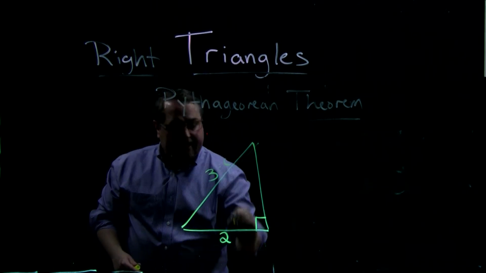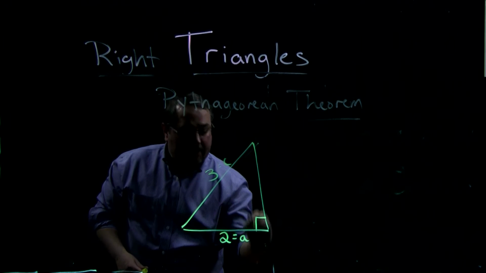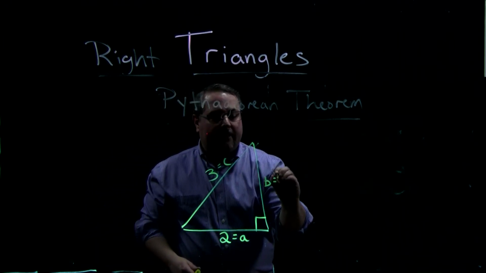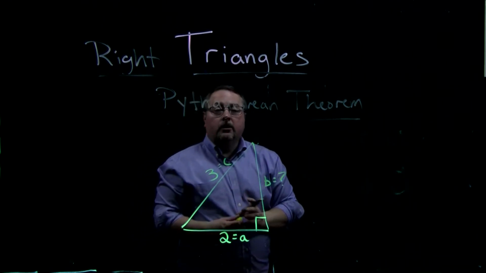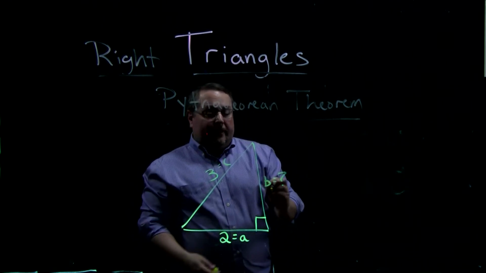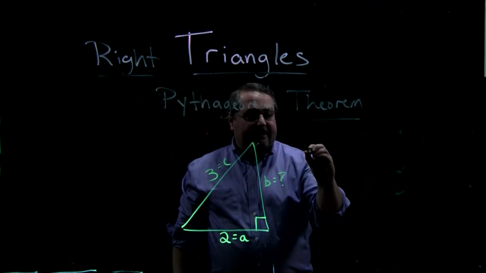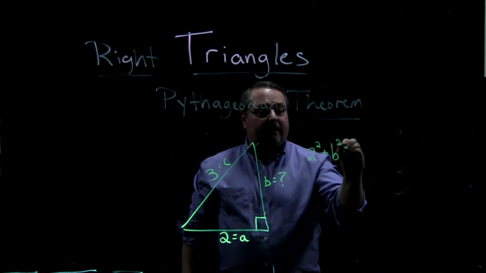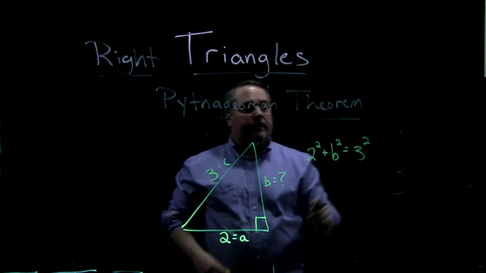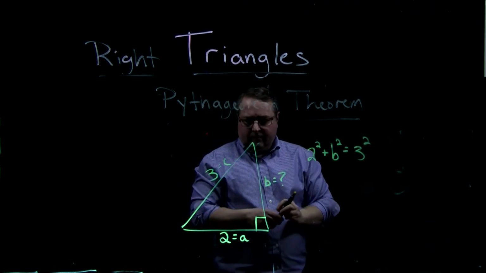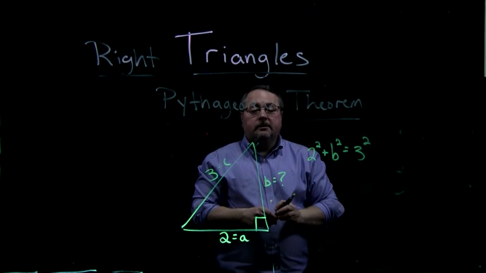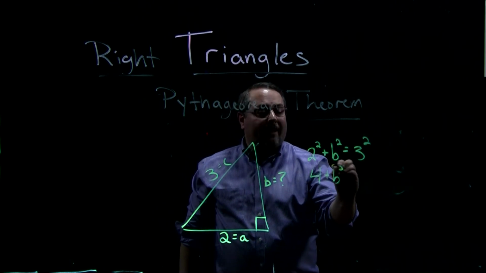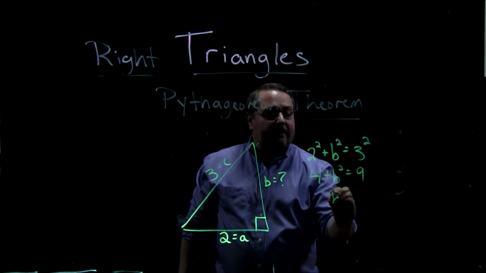So we'll call that C. Let's suppose one of the legs has length 2, and we're trying to find the length of the other leg. So using the Pythagorean theorem, it's going to be the case that 2 squared plus B squared is 3 squared. A squared plus B squared is C squared. So 4 plus B squared is 9.